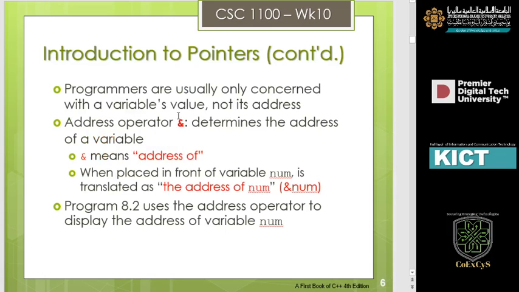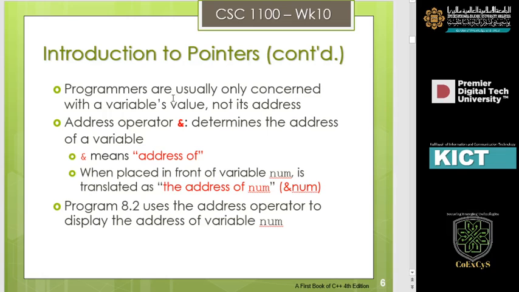Now, programmers are usually only concerned with a variable's value. So as for now, what you are familiar with is just the name of the variable and accessing the value inside the variable, but that does not tell you where the particular value is stored in memory.